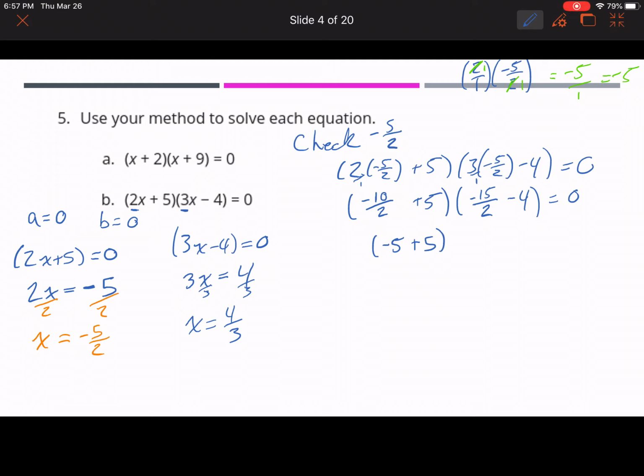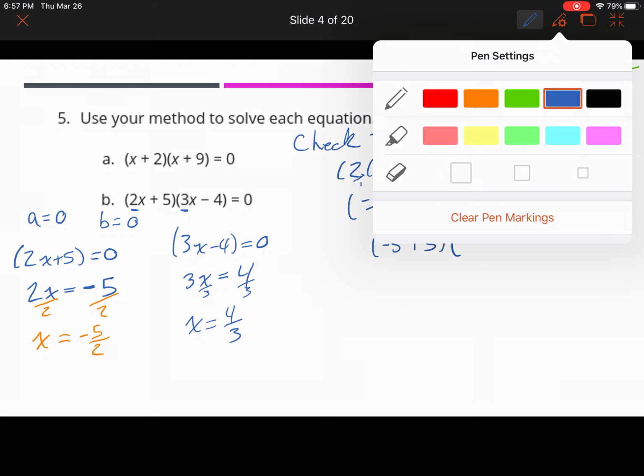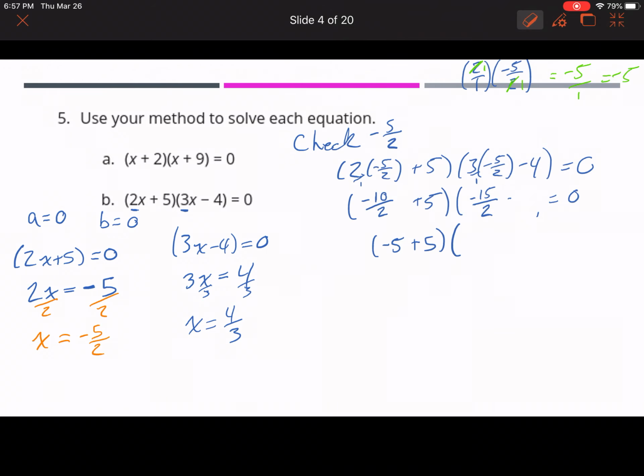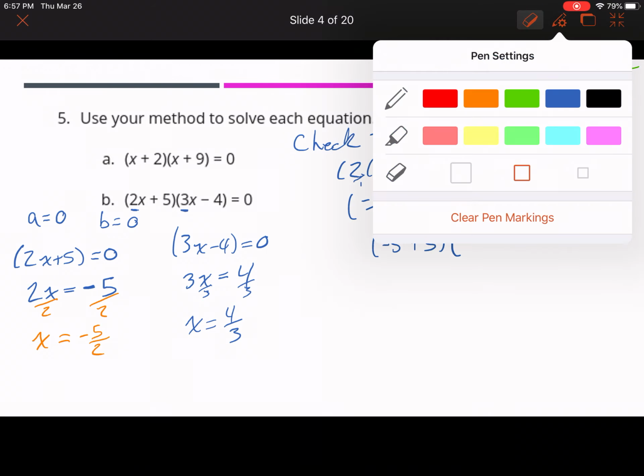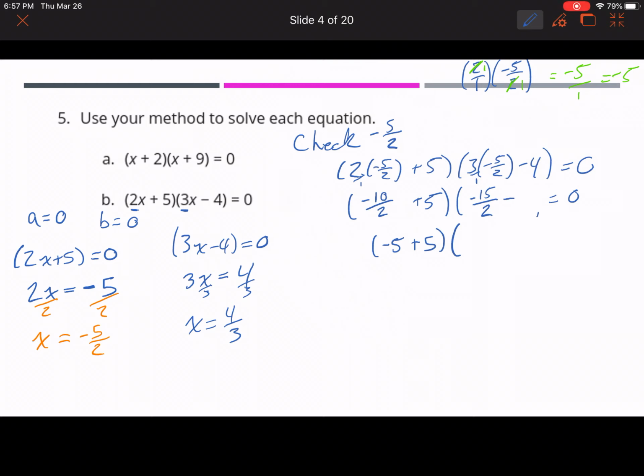Once we get that down to 0, it doesn't really matter what's in the other bracket. But we should know if we're dividing by 2, or subtracting and adding, we need to have a common denominator. So I need to have that 4 being over a 2.